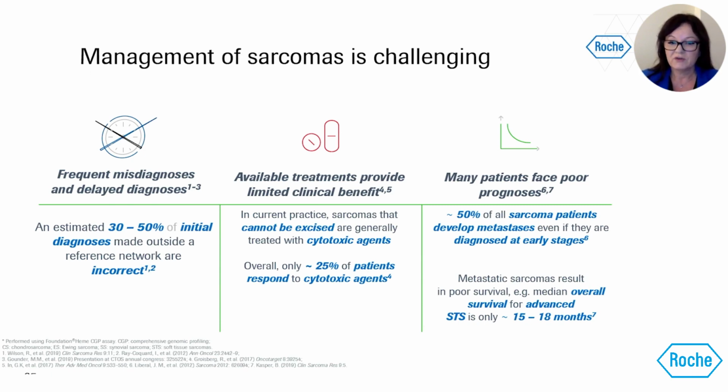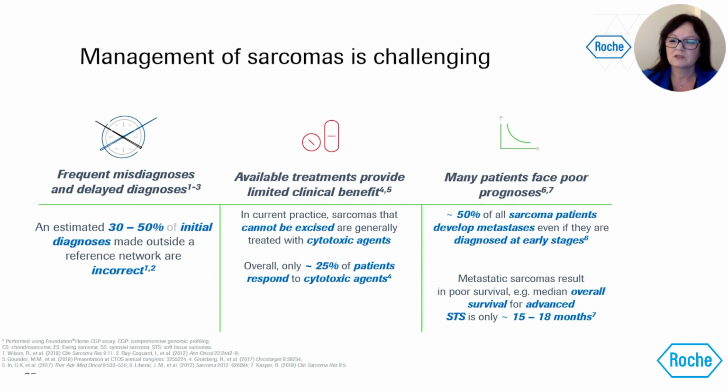And we see frequent misdiagnosis and delayed diagnosis, with an estimated 13 to 15% of initial diagnoses made outside the reference network being incorrect. Available treatments provide limited clinical benefits. In current practice, sarcomas that can be excised are generally treated with cytotoxic agents.